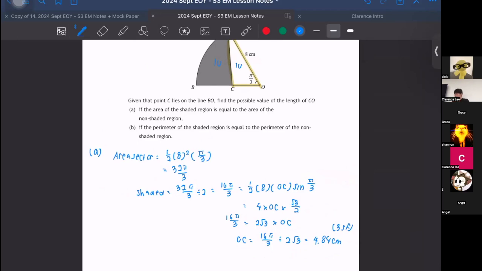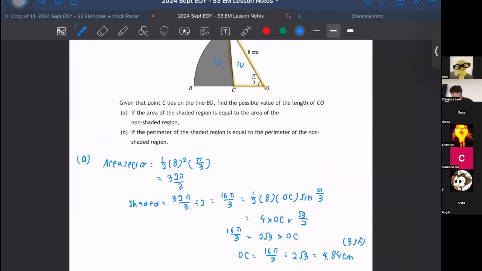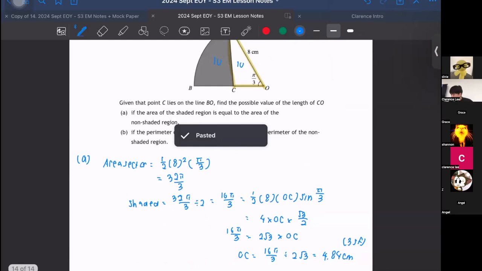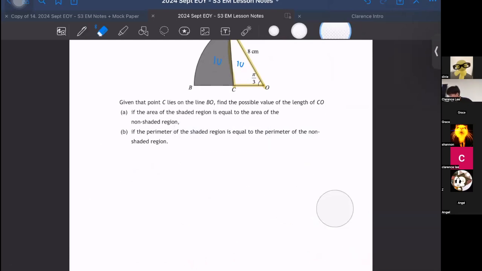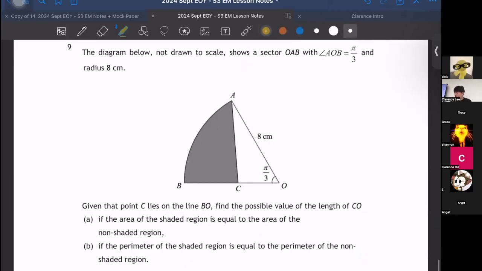Quite easy. Second part, when we talk about the perimeter of the shaded region. We look at part B now. The perimeter of the shaded region is made up of what? It's made up of my arc AB plus AC plus BC.